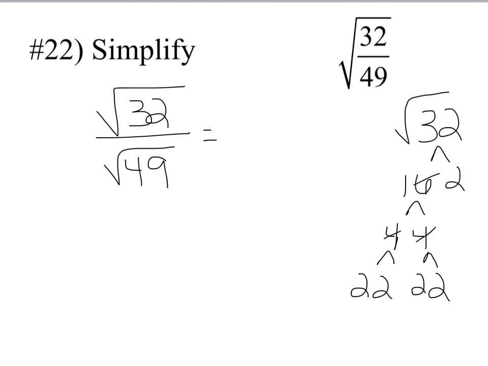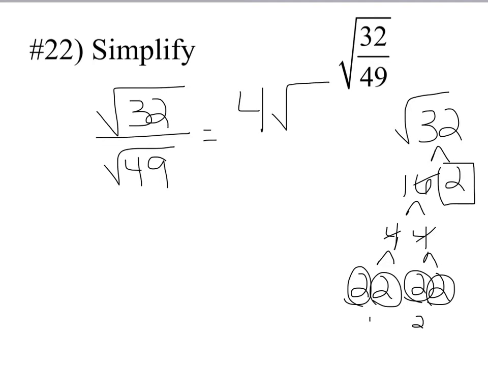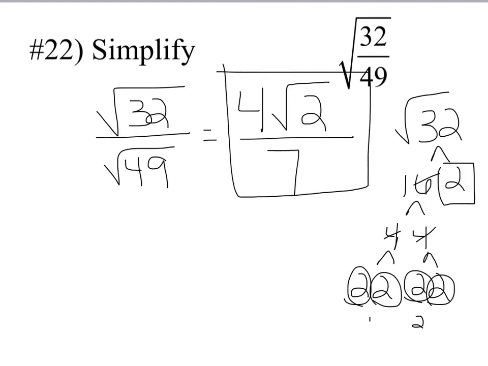Okay, so in order to pull a number out front, I need 2 of them. So I have 1, 2, that's 1 I can pull out front. 1, 2, that's 2 I can pull out front. And then I have 1 left over. So that's going to become 4 square roots of 2. And the square root of 49 is 7. So it's 4 square roots of 2 over 7.